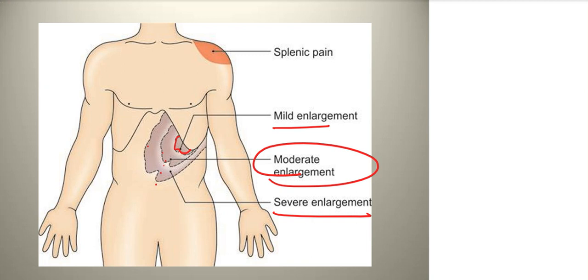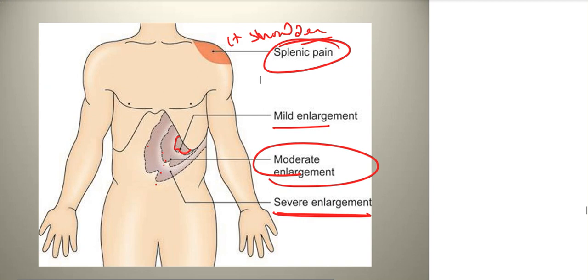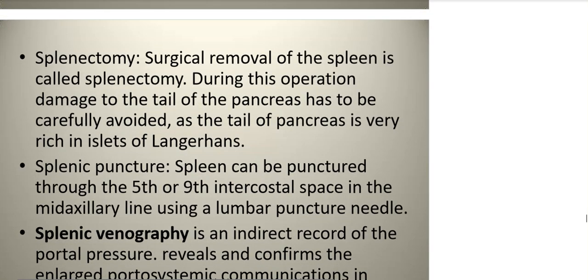Due to any splenic pathology, there is referred pain felt in the left shoulder. This is called splenic pain. Splenectomy: surgical removal of spleen is called splenectomy.